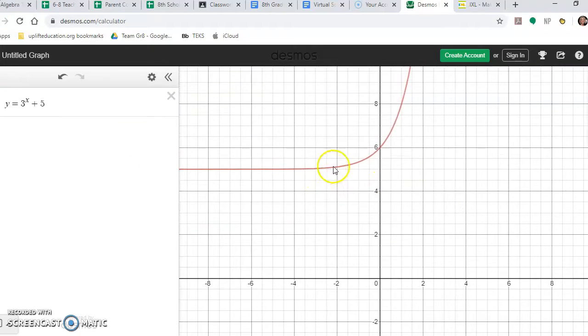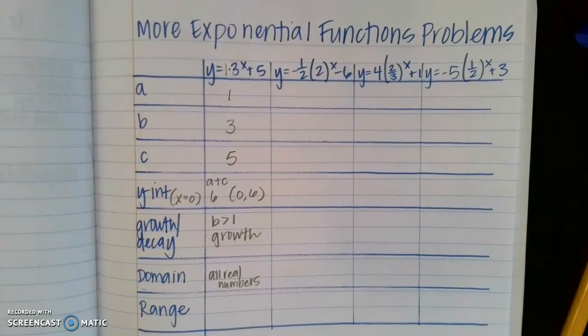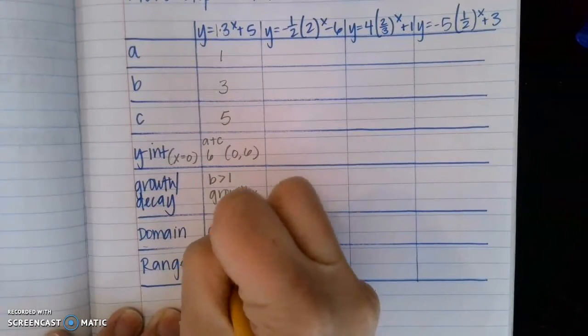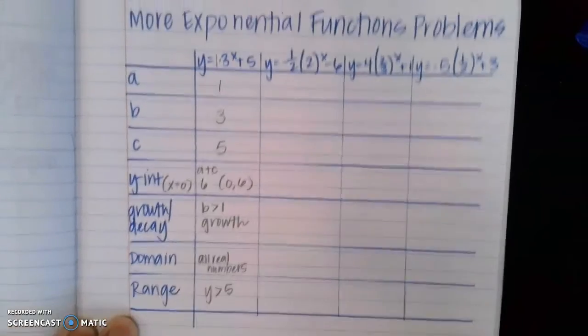So there we've got our asymptote at y equals 5, and all of our range values are going to be greater than that asymptote value. So now going back to the notes, this one's going to be y is greater than 5. Y is going to be greater than our asymptote value.